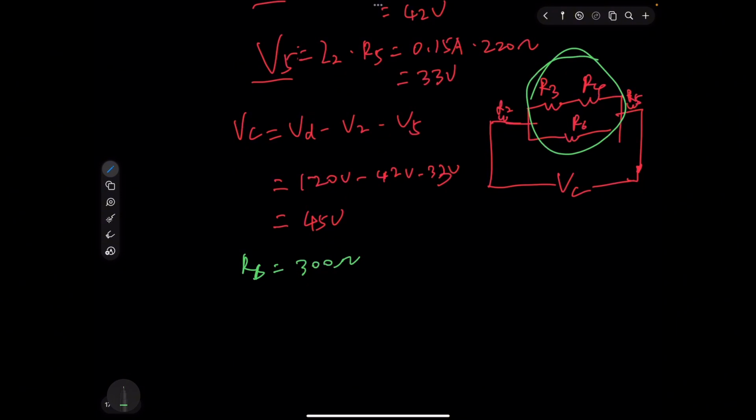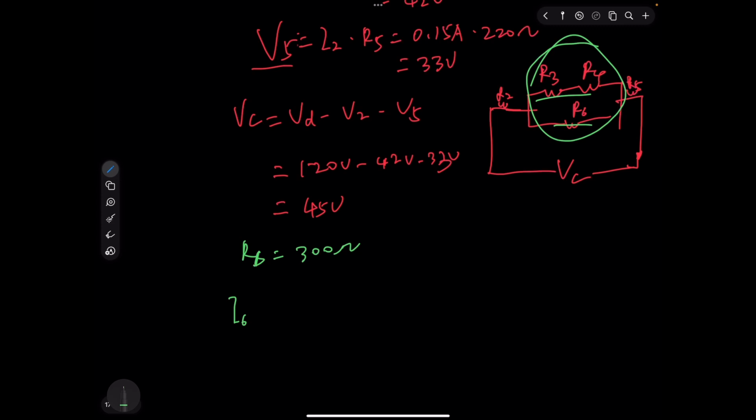Now we can get the current flowing through R3, R4, and R6. So let's say I6 equals VC divided by R6.